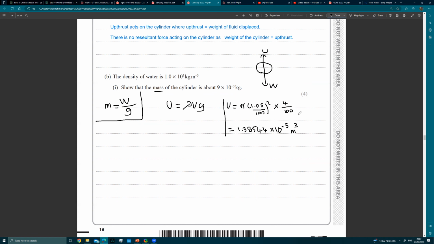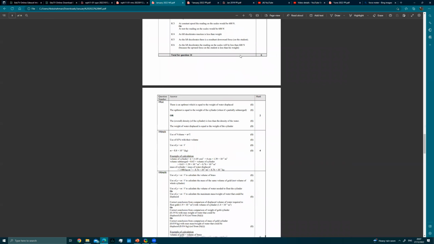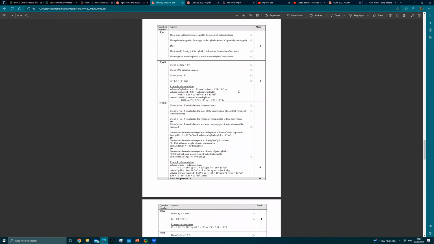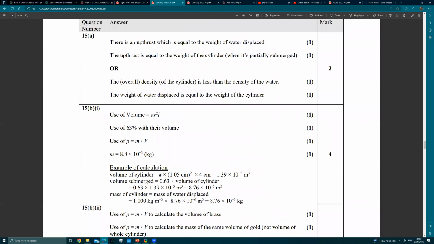Who wants to confirm? Guys, who else put this in the calculator? Let me check the marks on this. Okay, they said the volume of the cylinder is 1.39 times 10 to the minus 5.